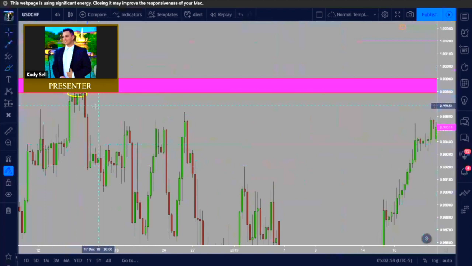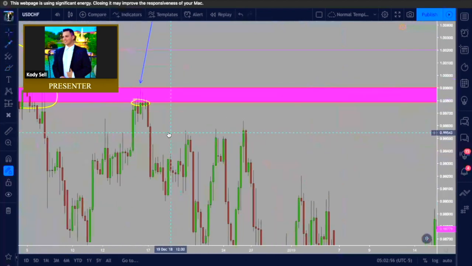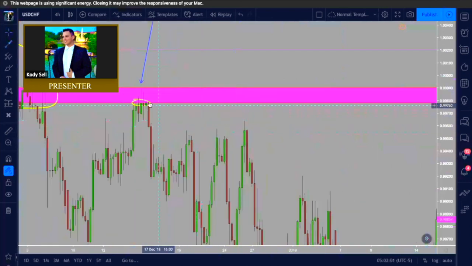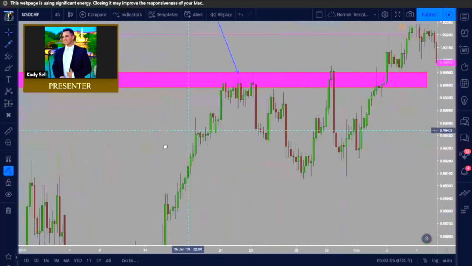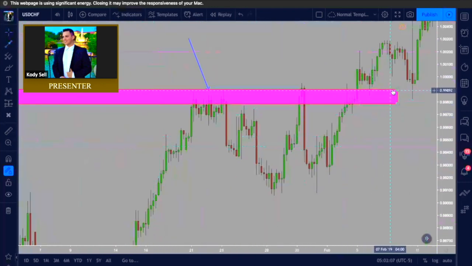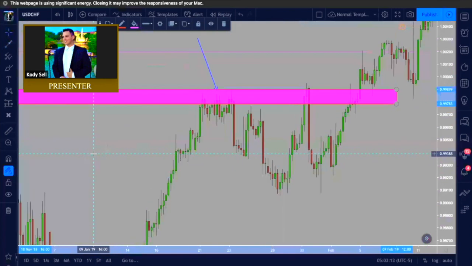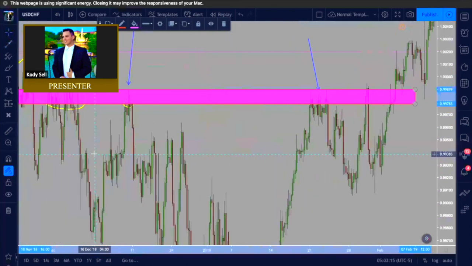I wanted to make sure I get the most, so I'd like to bring it down just a little bit to include all of these bodies. And over here, the top of this wick is the uppermost boundary, so let's make sure that's included. That was the zone I was looking at.